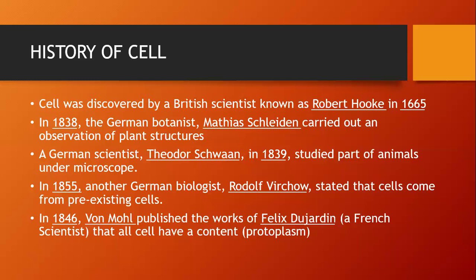He was the one that showed the discovery of animal cells under a microscope. And in his discovery, he discovered the cell membrane and the presence of nucleus in the cell. So this was discovered by a German scientist called Theodor Schwann in 1839.